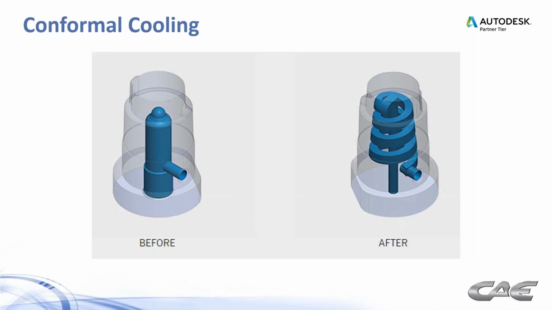But what if that doesn't work? What if we need something a little more complex, I guess you could call it? We could go to conformal cooling. So rather than using a conventional baffle or bubbler in this type of geometry, for example, you can design conformal cooling so that you can get these cooling channels even closer to the part surface.